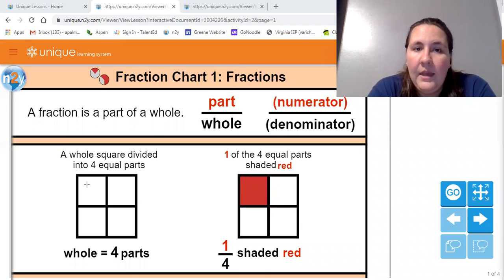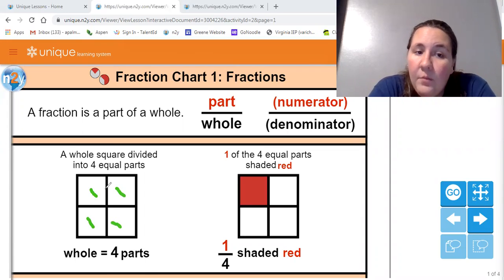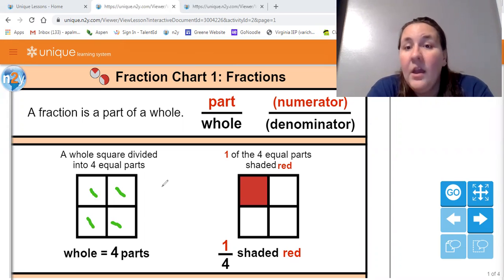So when I count, I like to put a dot or a line. So how many pieces are in this? 1, 2, 3, 4. So there's 4 pieces all together in this one whole. So the whole is the denominator, the number that's down on the bottom, okay?